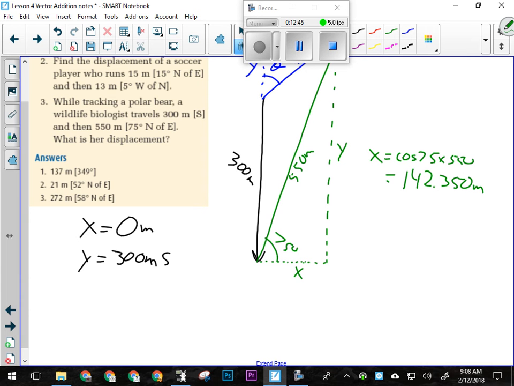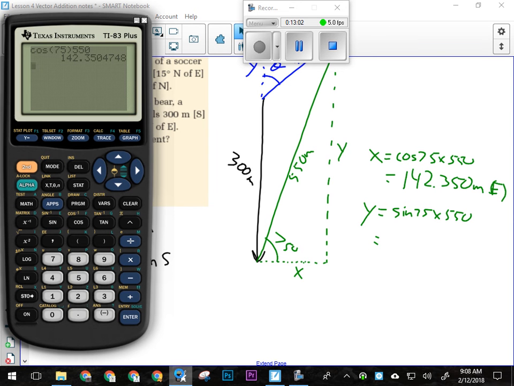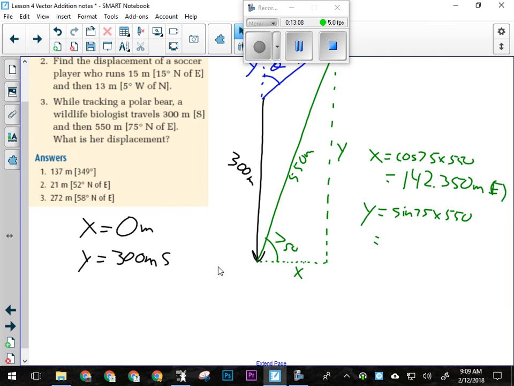You shouldn't do that, but I'm going to do it just for quickness' sake. That's going to be east, and then we're going to have the y component, which will be the sine of 75, so the larger of the two sides, times 550. So sine 75 times 550 is 531.259 meters north.